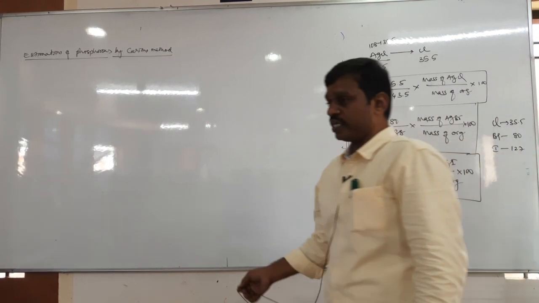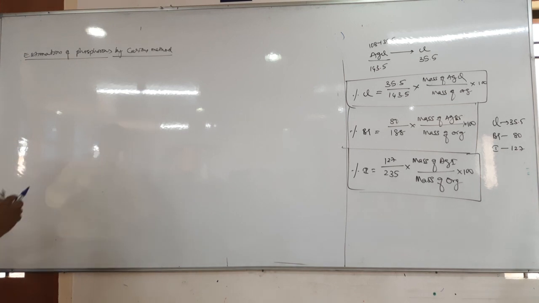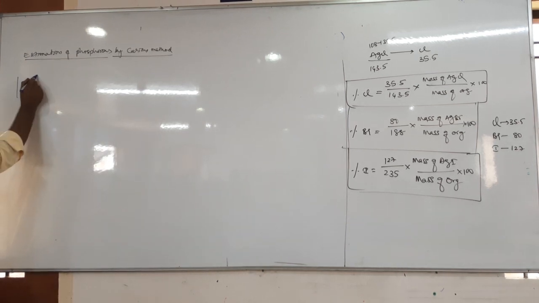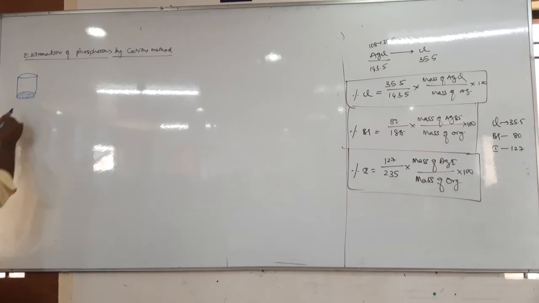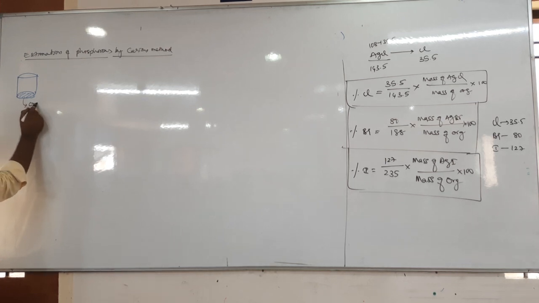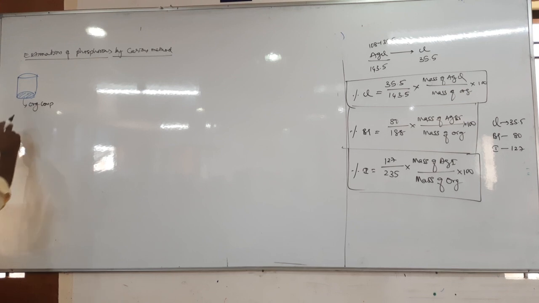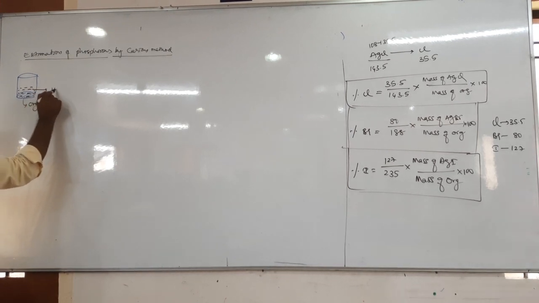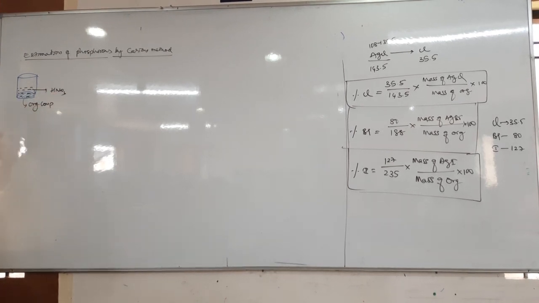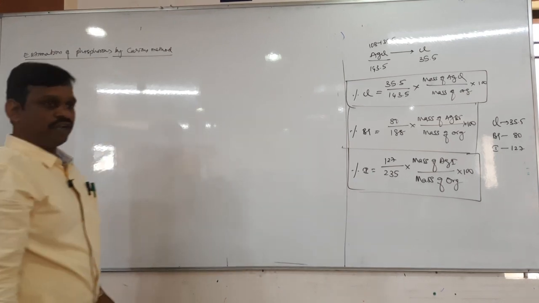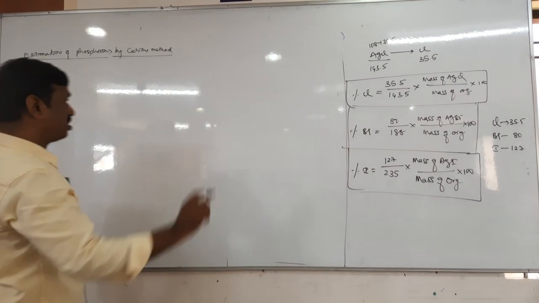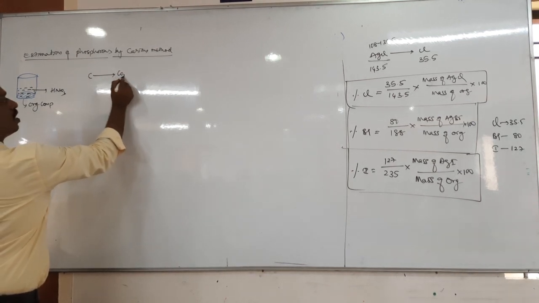Okay. Now here also the same process. So what is the process here? A known mass of organic compound is taken in a test tube, right? This is the organic compound. Its mass is known, let us take W gram, and it is treated with fuming nitric acid, which oxidizes carbon to carbon dioxide.